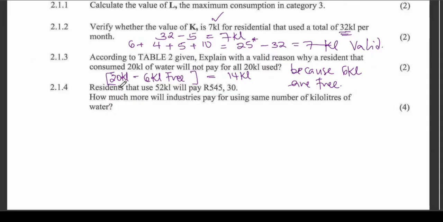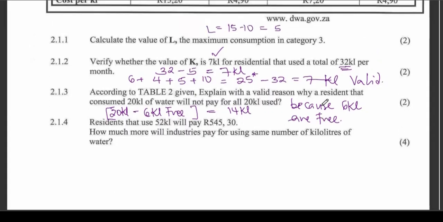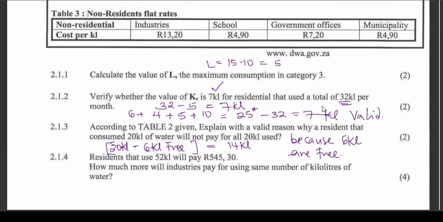The residents that use 52 kiloliters will pay 545 rands 30 cents. How much more will the industries pay for using the same number of kiloliters? Now, let's go back to table number 2. It talks of industry. They pay a flat rate. It does not change.